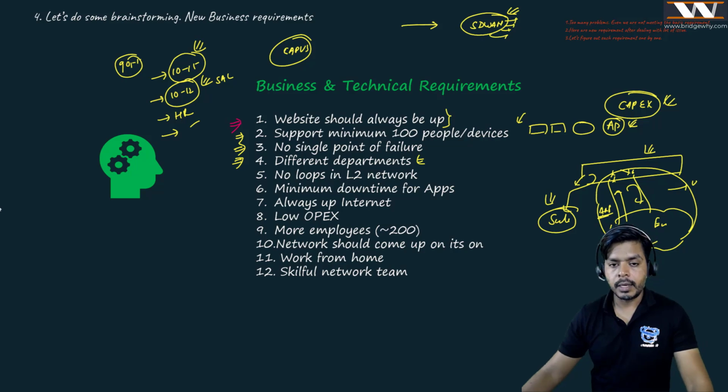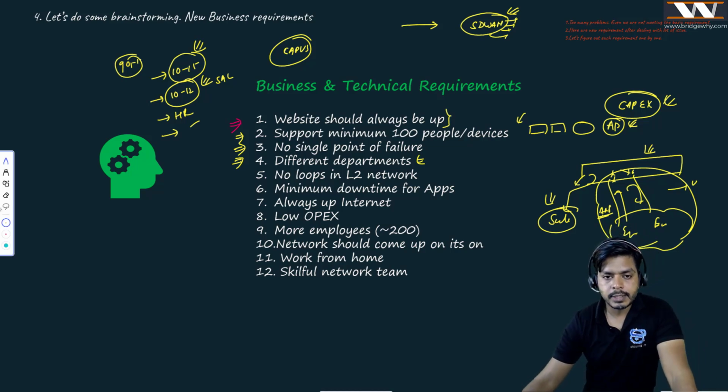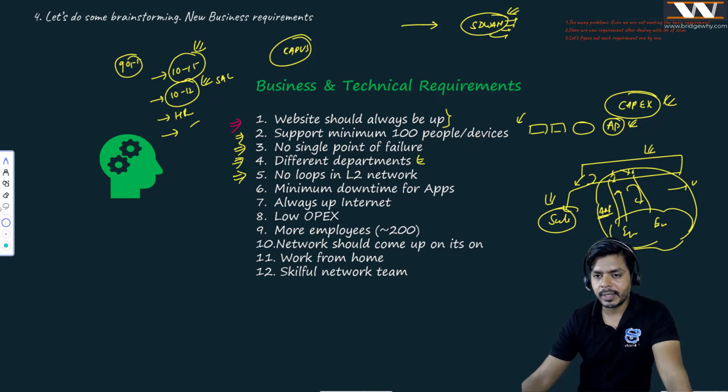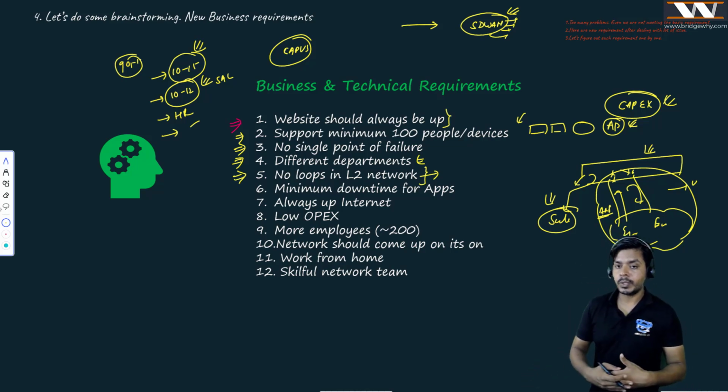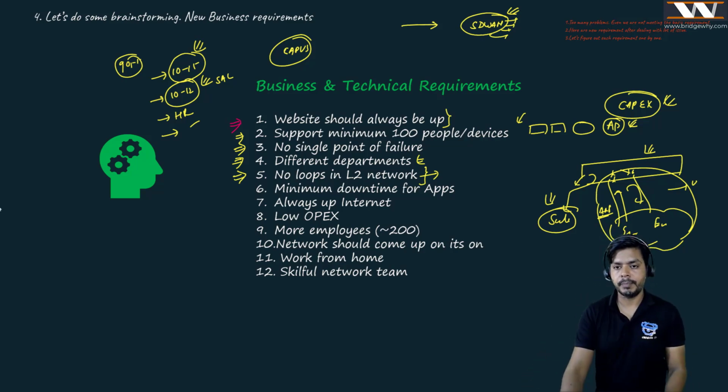Interesting. Now, this guy is saying no loops in the layer 2 network because we bought unmanaged, low quality switches, right? We have to buy better ones because we are talking about an enterprise or a campus network, an enterprise whose whole business depends on this network running.